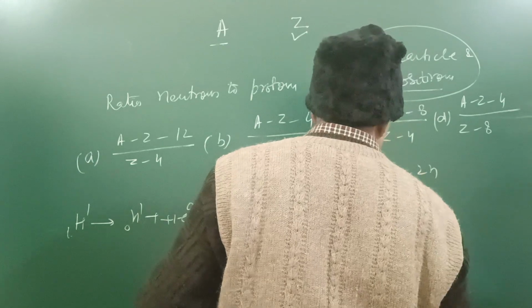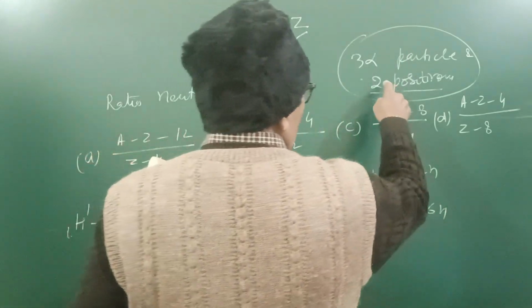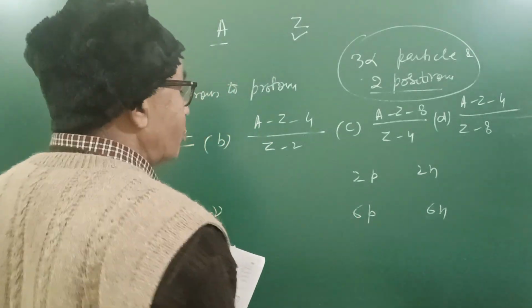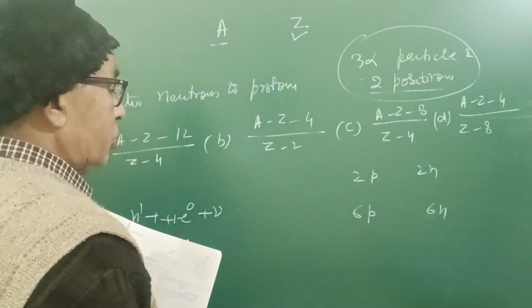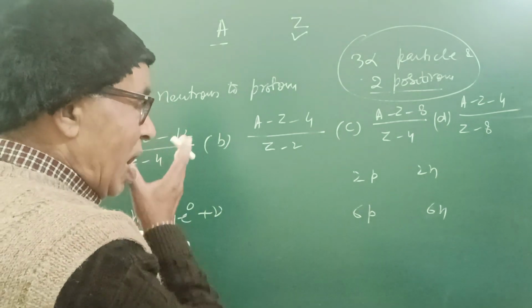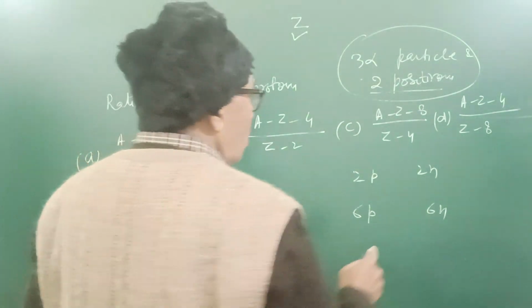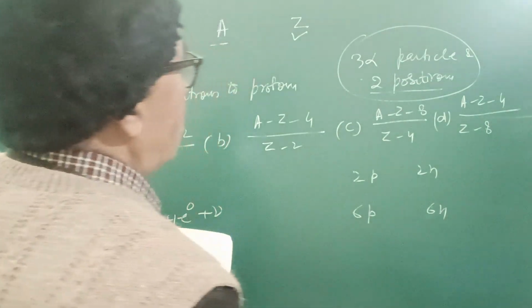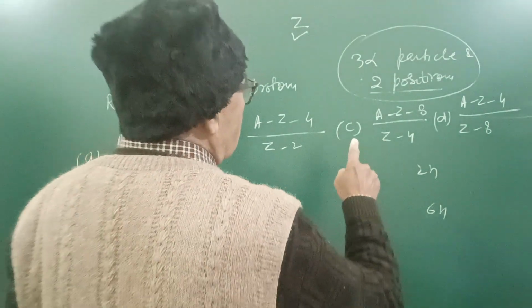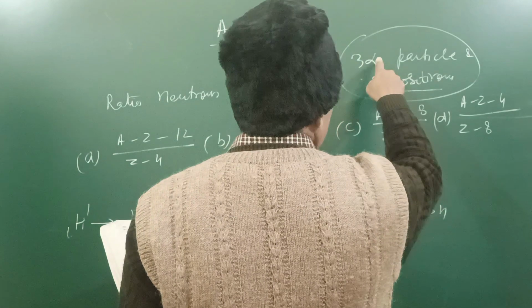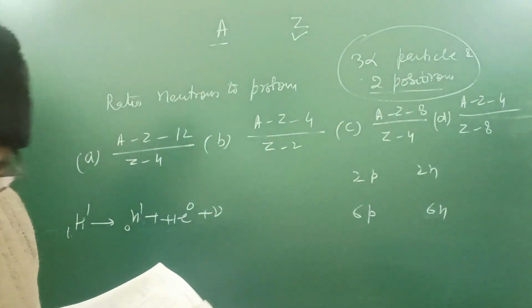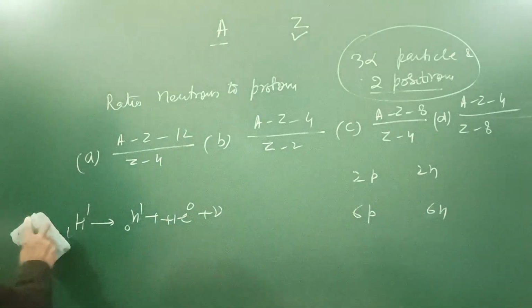But due to these 2 protons decaying, the number of protons has become Z minus 6 minus 2, or neutrons 6 minus 2. Are you getting me?